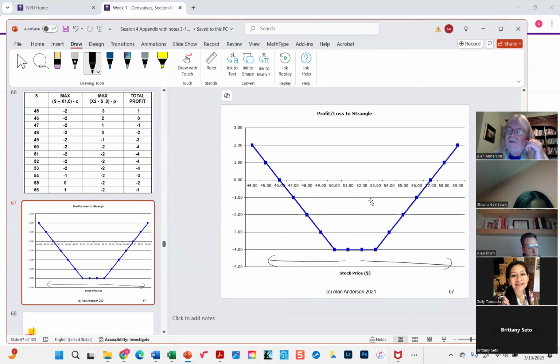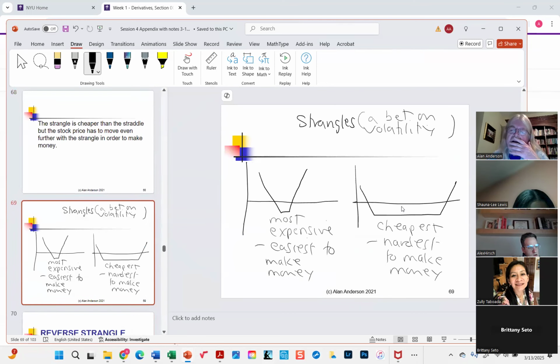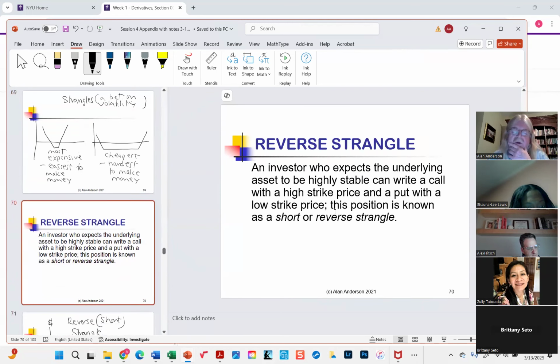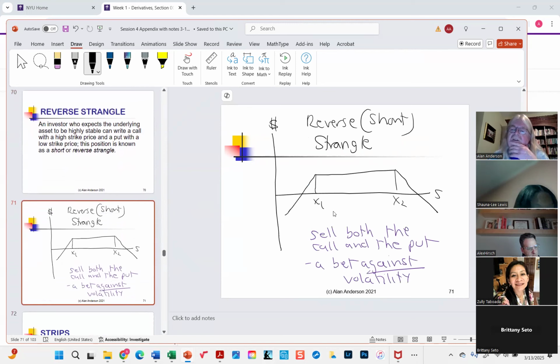You're still betting on volatility. Now, of course, this is what I wanted to show: the one on the right is very inexpensive because look how far you have to move to make money. The one on the left is more expensive, but it's easier to make money. And then, of course, we have a reverse triangle where you just flip everything upside down. You're selling the call and the put, and this is what your position looks like.